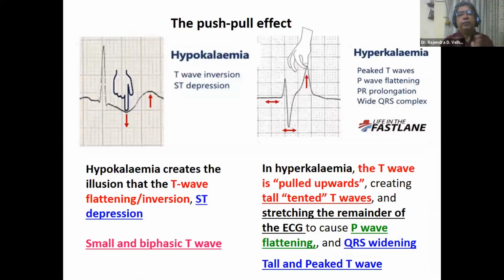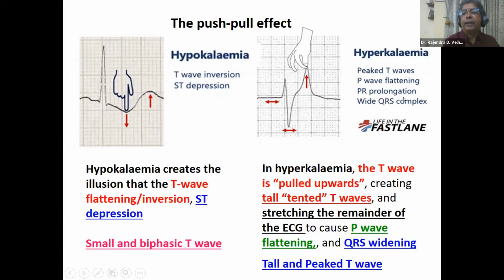Now, this is just I have observed it, a push and pull effect of hypokalemia and hyperkalemia on the ECG. Now, hypokalemia creates an illusion that there is a T wave, it flattens and ST segment is depressed. And because of this, in hypokalemia, the T wave becomes small and biphasic.